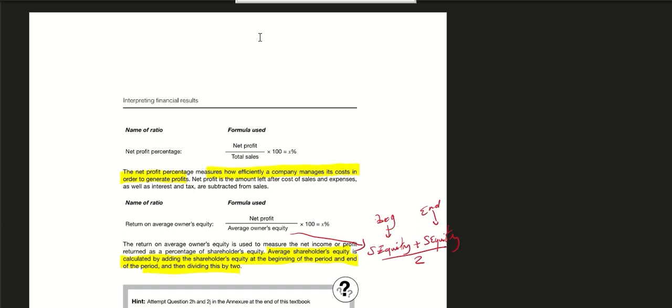Average owner's equity means that if we are given 2 years, we add them together and divide by two, because it is an average that we're looking at. Return on average owner's equity is net profit divided by the average owner's equity, multiplied by 100. We want a percentage, right?